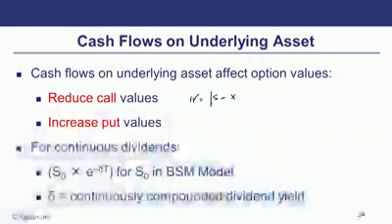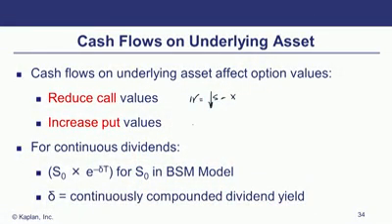And of course we know that when stocks pay dividends, cash leaves the company. On the ex-dividend date, stock prices tend to decrease. So if I reduce my stock price, I'd basically be reducing my intrinsic value. So essentially paying a dividend will have a detrimental impact on the value of your call options.